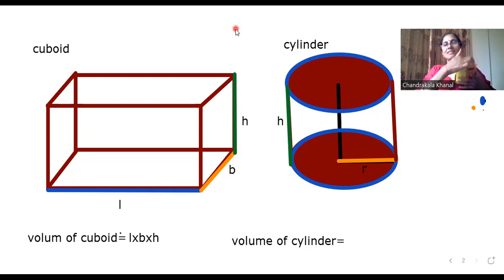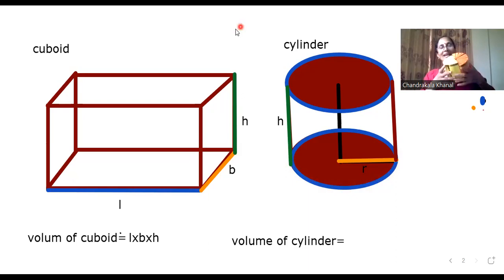Now this whole is the circumference and this becomes half of the circumference. Means length becomes half of the circumference of the cylinder.